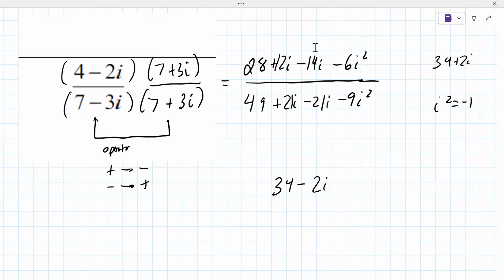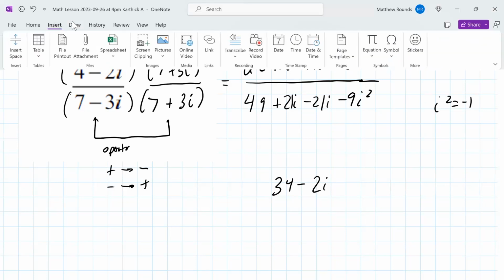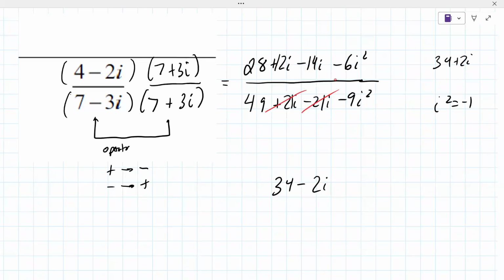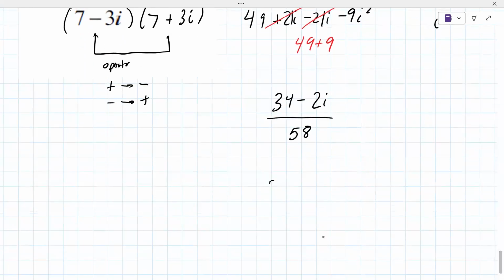The bottom, you can see the outer and inner terms cancel. And then it becomes 49 plus 9 because i squared is -1, just like you did in the top. So your bottom becomes 58. And so again, you divide 34 over 58 minus 2 over 58i.